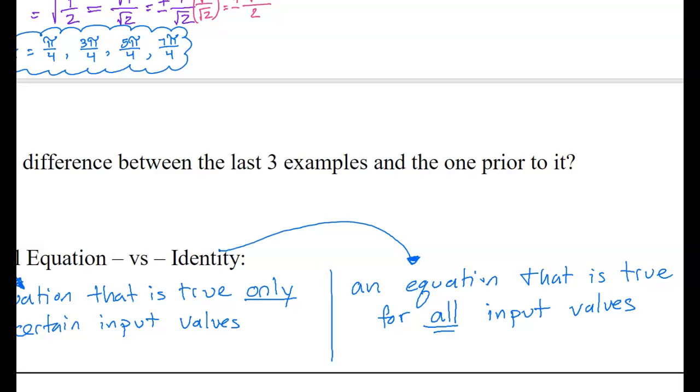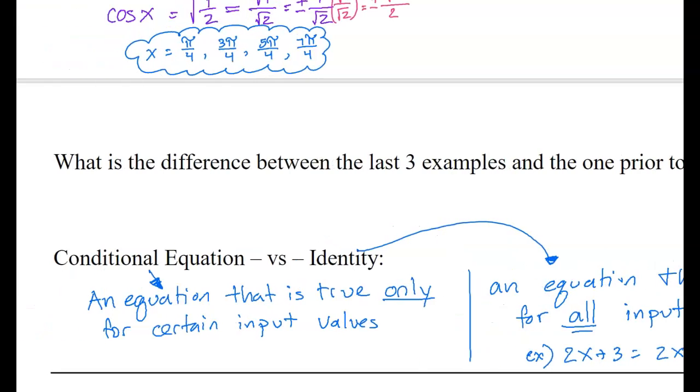It's actually just a much more complex version of this. If I had the equation 2x plus 3 equals 2x plus 3, I could input any x value I wanted. The solution set for this is all real numbers. It's all numbers.